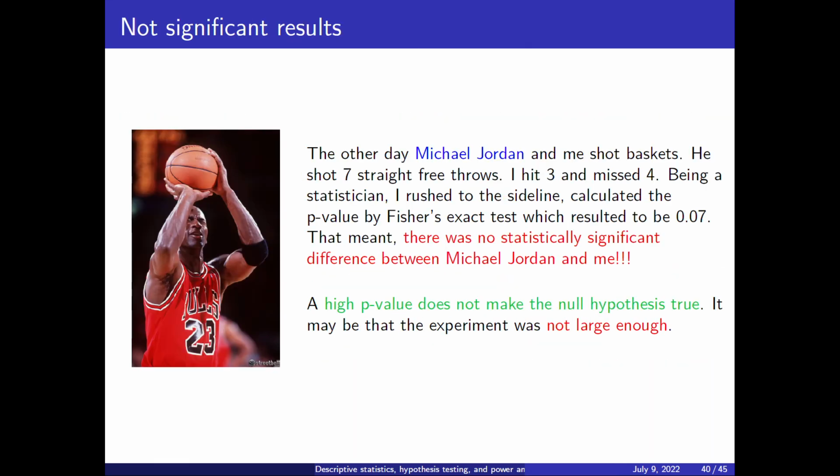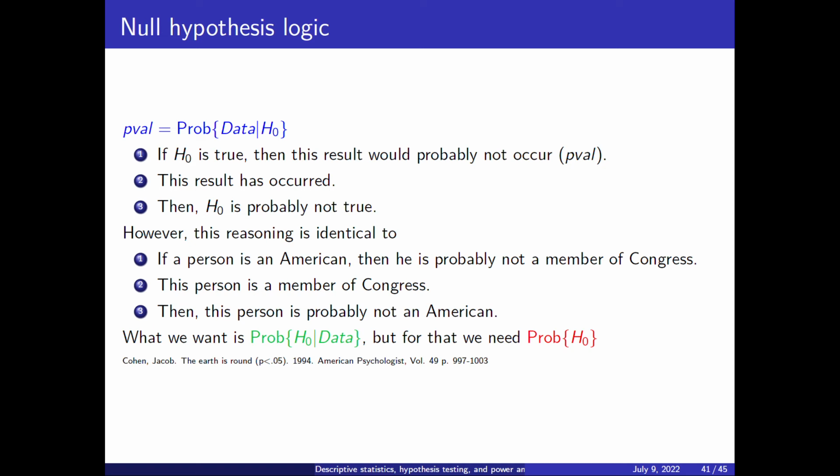And the other objection is on the p-value itself. What are we calculating? The p-value is the probability of observing the data given the null hypothesis somehow, or observing a statistic that is at least as extreme as this one when the null hypothesis is true. But at the end, it is related to the probability of observing this data given the null hypothesis.